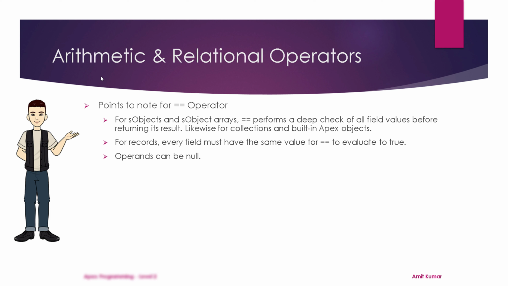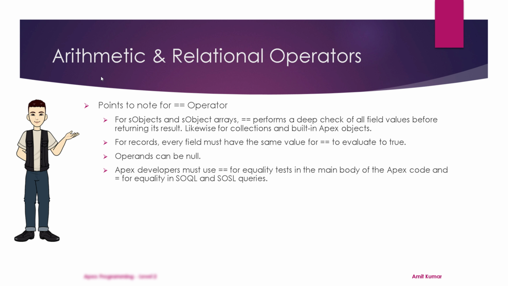Apex developers must use double equals to for equality tests in the main body of the Apex code, and single equals to for equality checks in SOQL and SOSL queries. So we use double equals to when dealing with Apex code, but with SOQL or SOSL queries we use single equals to for equality checks.